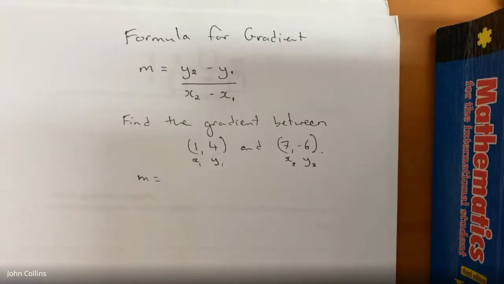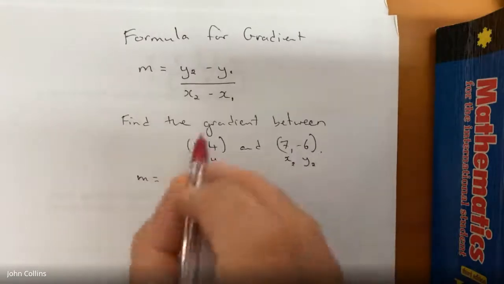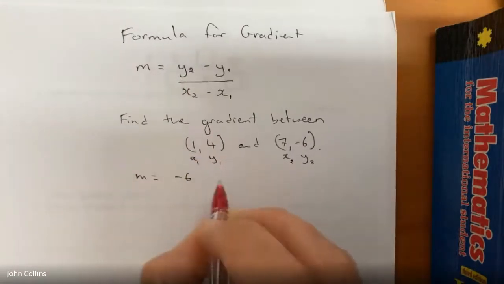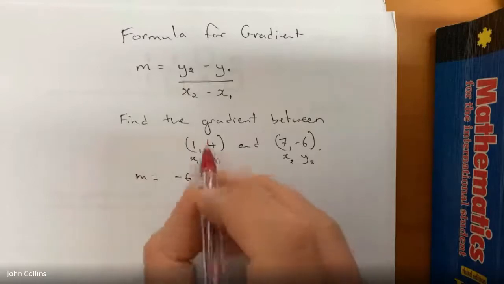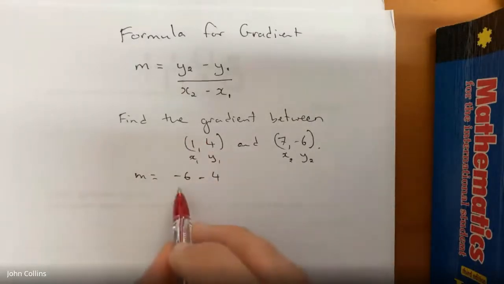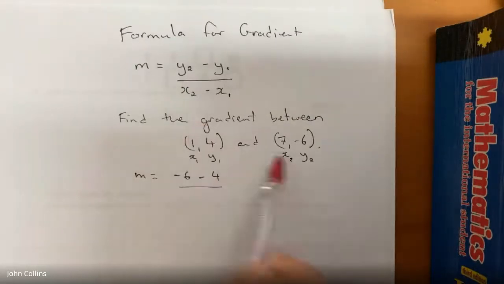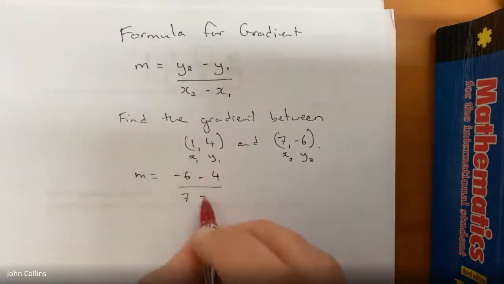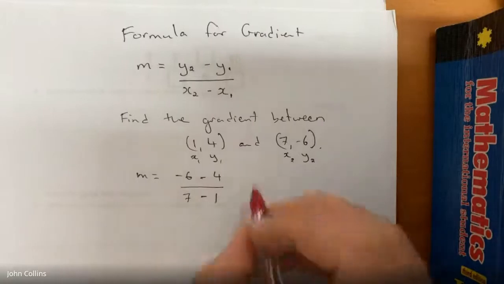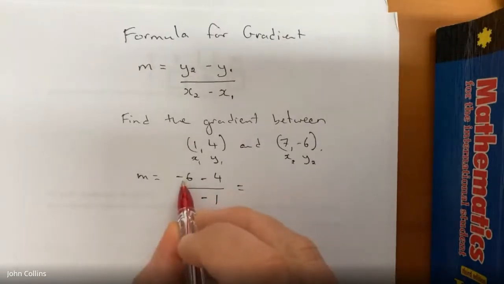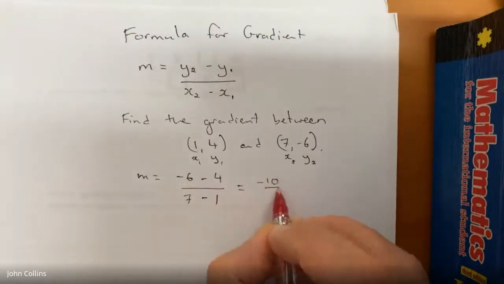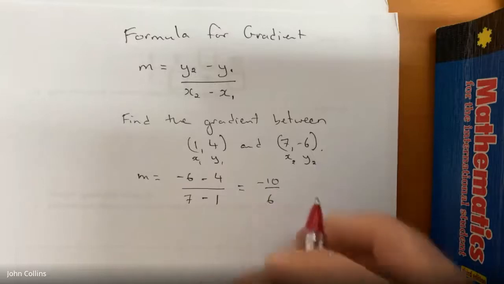Okay, so how would I use the formula? y2 then, I just replace it, so y2 is minus 6, minus whatever y1 is, so 4, divided by x2, whatever x2 is, 7, and take away whatever x1 is, 1. This gives me negative 6 take away 4 is negative 10, 7 take away 1 is 6.